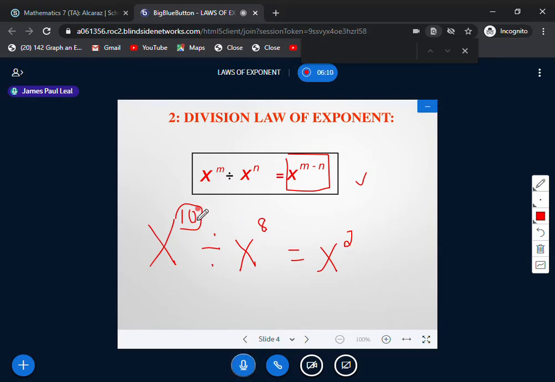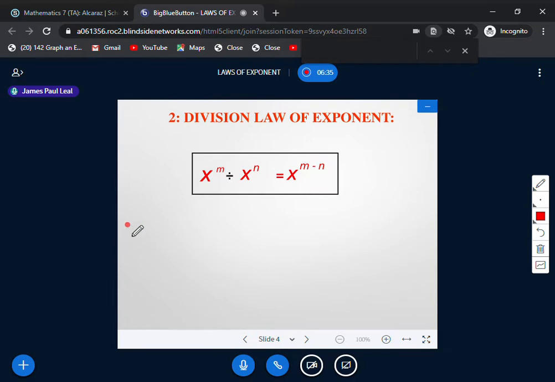If the numerator is smaller and the denominator is bigger, therefore you will be having a negative exponent. I know you already know the rules for adding and subtracting numbers, or adding or subtracting polynomials as well, because we are already done with that. So that's the thing also.